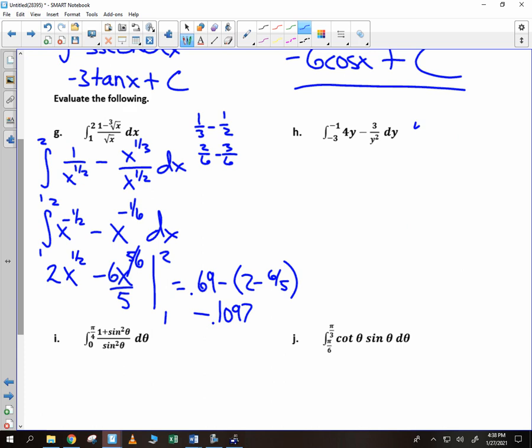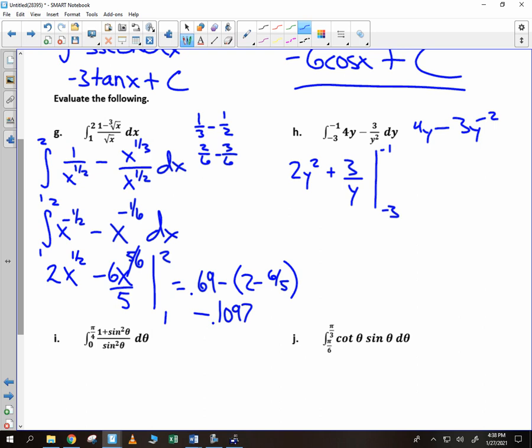Okay, another one. I'm going to write it as 4y minus 3y to the negative 2 power. And so the antiderivative of 4y is 2y squared minus 3y to the negative 1, or 3 over y, and then the negative is going to change. Evaluate negative 1 and negative 3.